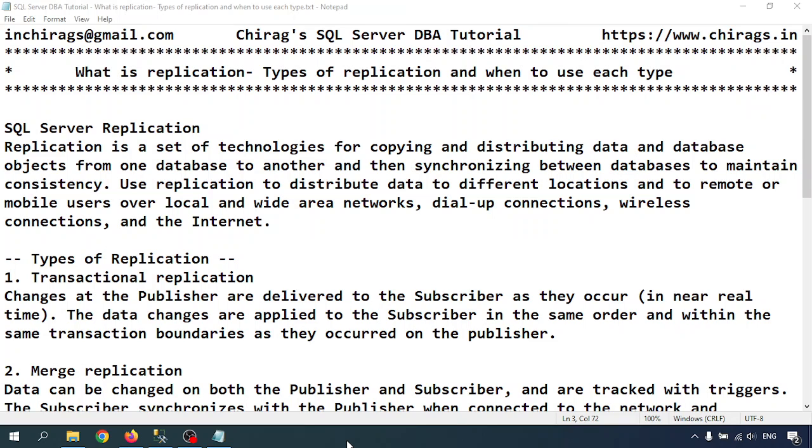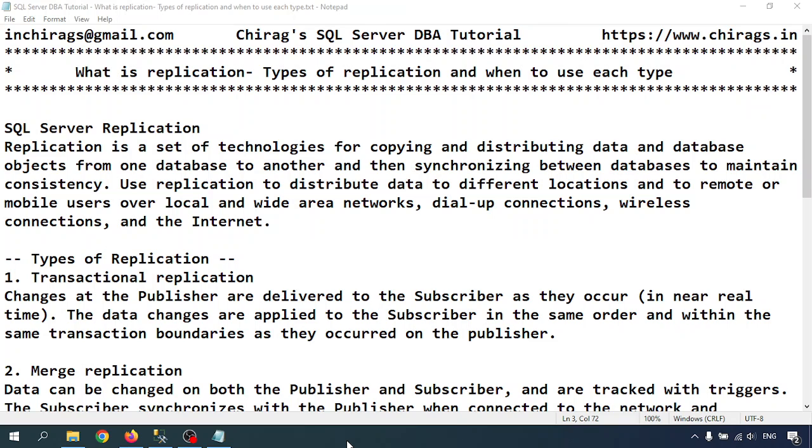we have a distributor in the server. It is an agent that distributes the data to the subscriber. The subscriber is the server that receives the data it has subscribed to. It could be a SQL Server instance, or Oracle, or DB2, or any other destination that you would like to have the data distributed to.